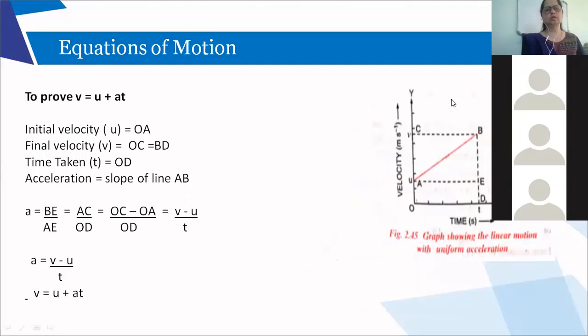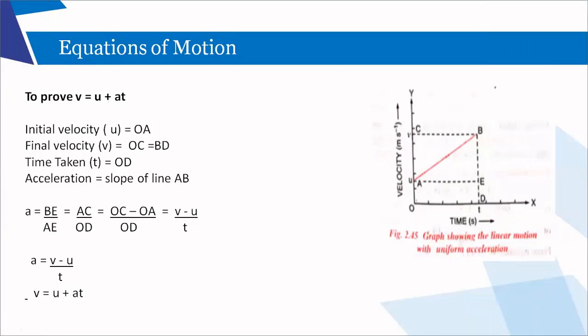So the slope of the graph is BE divided by AE. This line BE divided by this line AE. Now BE is equal to AC, and AE is equal to OD, because they are opposite sides of the rectangle.